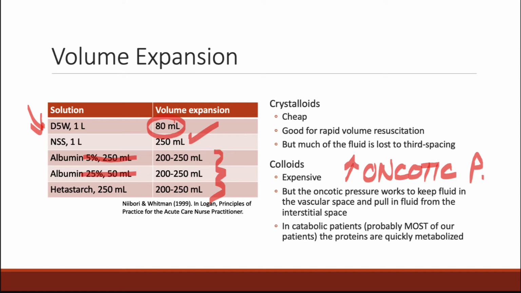That oncotic pressure is the pressure that acts to hold the fluid inside the vascular space. And so when we give these big chunks of albumin, it pulls in fluid from the interstitium. The downside of this is that in catabolic patients, probably most of our patients in the ICU, trauma patients, surgical patients, people who have been in the medical ICU for a long time, they're usually using the protein that we give them for metabolism. So they get rid of it as soon as we give it to them. It's still useful for shifting fluids around.